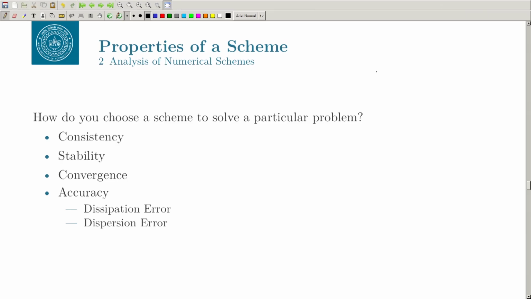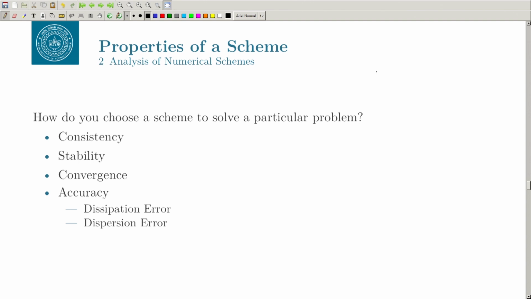So, there is some numerical diffusion coming up, and we saw that in our modified PDE also. Despite the fact that we are solving a convection equation, we are getting a convection diffusion equation. That is what is called numerical diffusion.